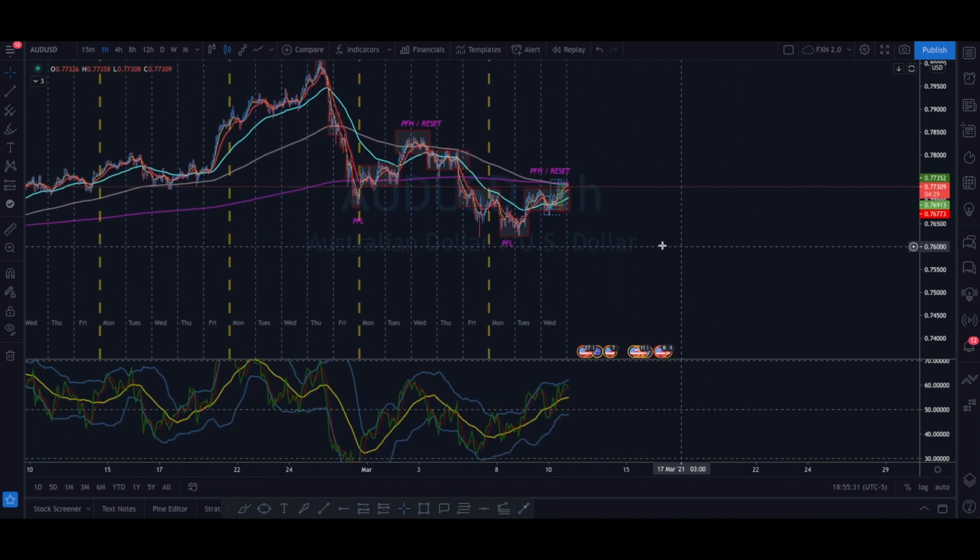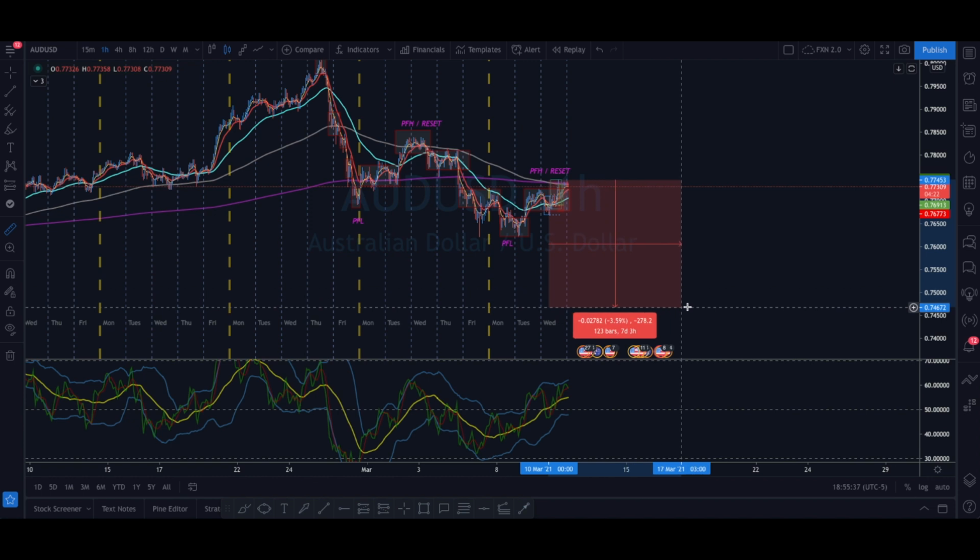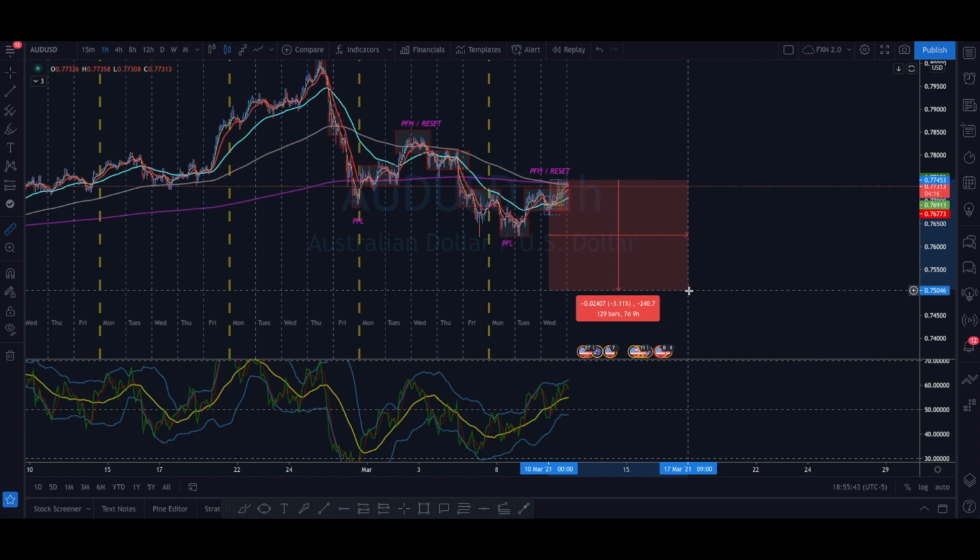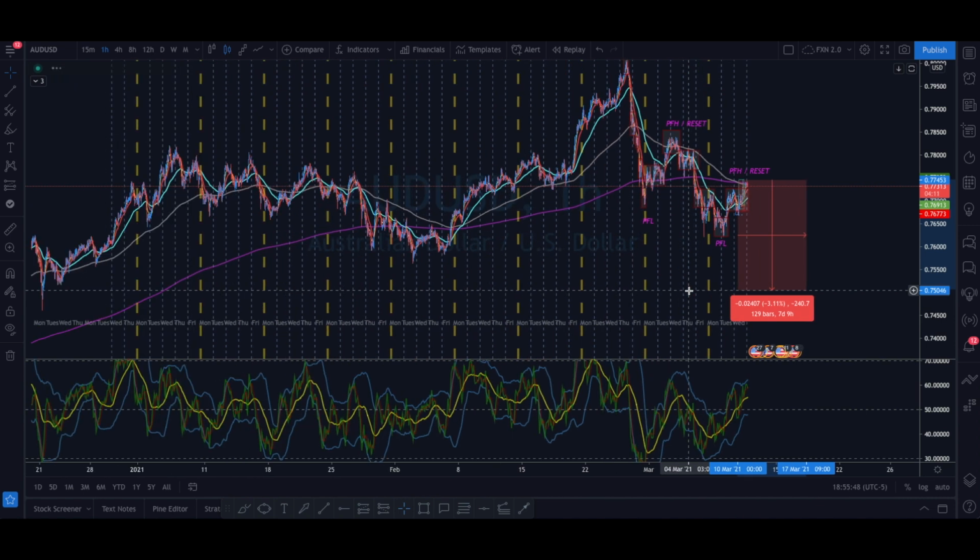Let's just say that this is a reset, then you can project down, okay, 3 times ADR is about 230 some odd pips. So somewhere around here, let's say somewhere around the 0.7500 area is where I expect price to be.